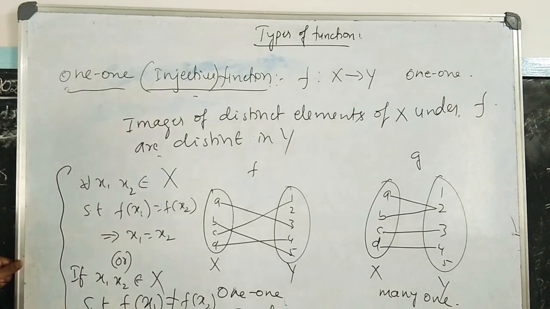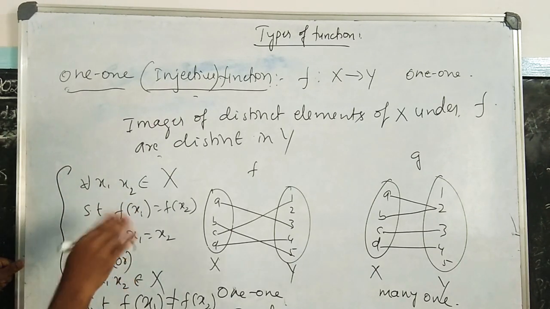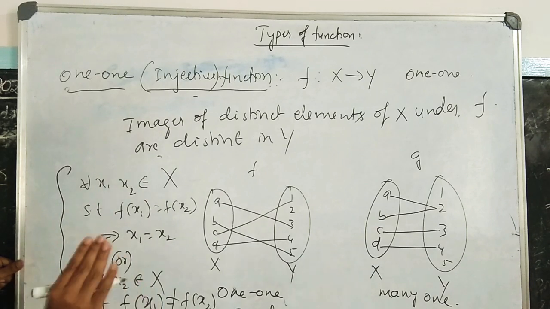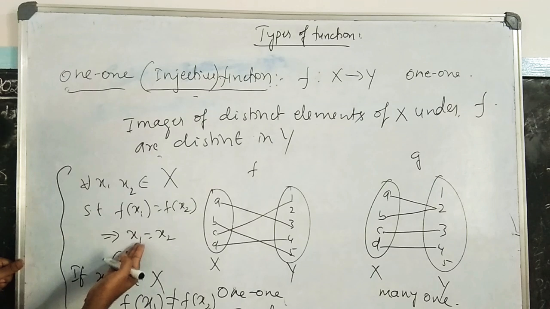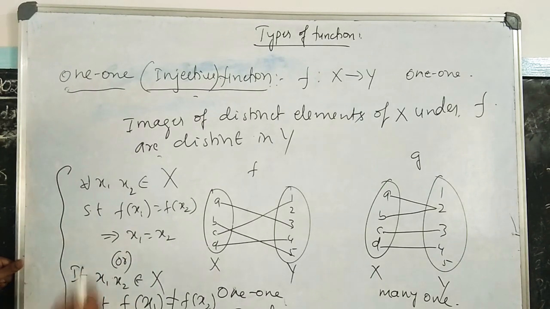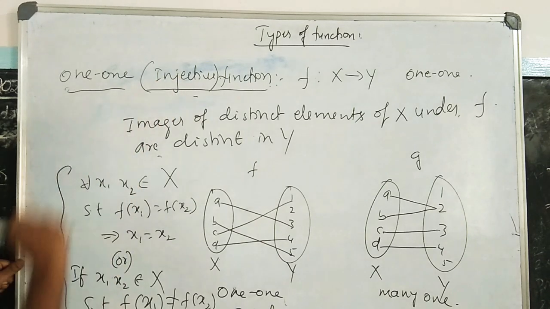Whether a given function is one-one or not, we have to verify in such a way: I will take two elements in the domain, and take their images to be equal. If their images are equal, then their pre-images are also equal. If we verify this relation, we can conclude that it is one-one.